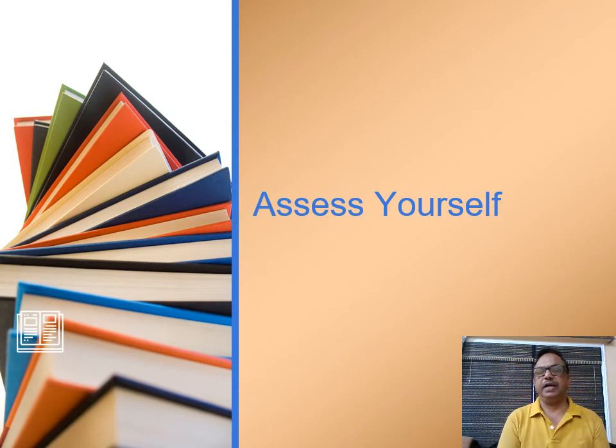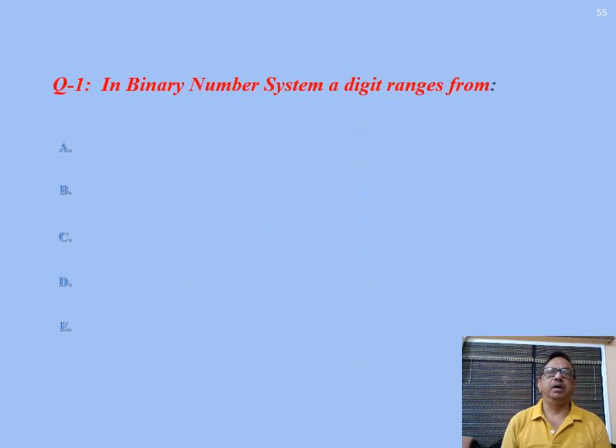Now, this is the time to assess yourself, and you have to solve a few little MCQ questions. My first question is, in the binary number system, a digit ranges from. I have given four options here.